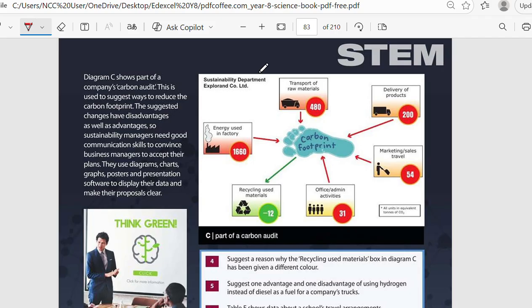The sustainability department of Explorer & Co Limited has given the audit. Now this is used to suggest the ways to reduce the carbon footprint. So the suggested changes may have advantages and disadvantages as well.